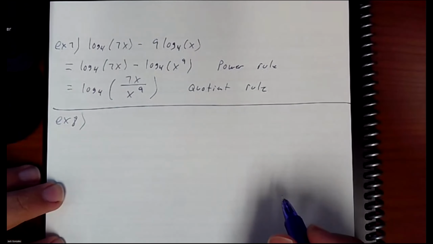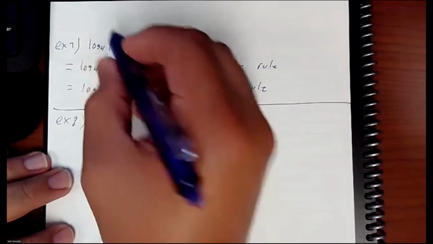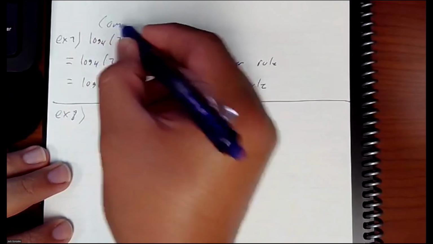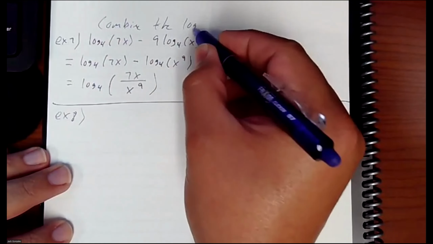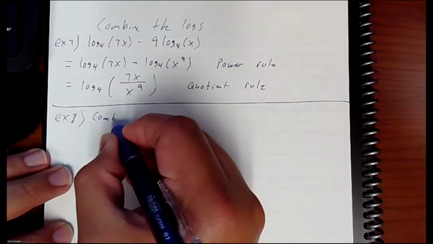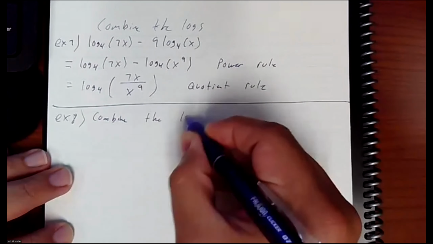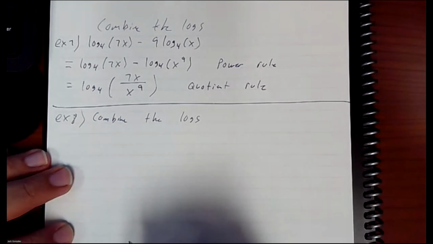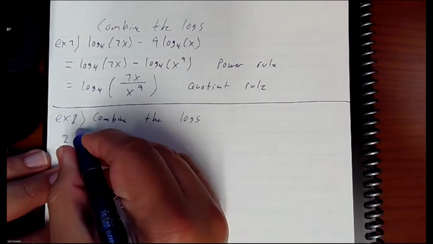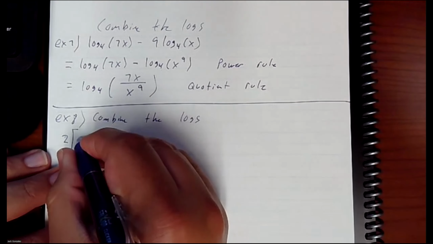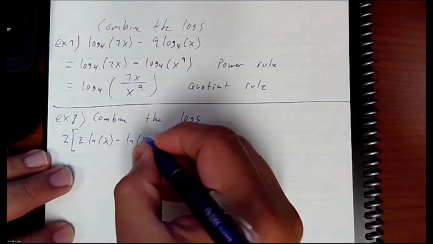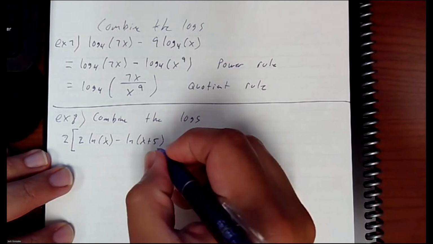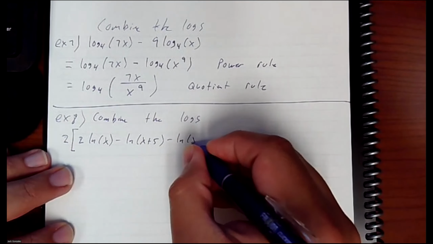Okay. Let's do this ugly one at the end. The instructions would be combine the logs. So this would be 2 times 2 ln x minus ln of x plus 5 minus ln of x minus 5.